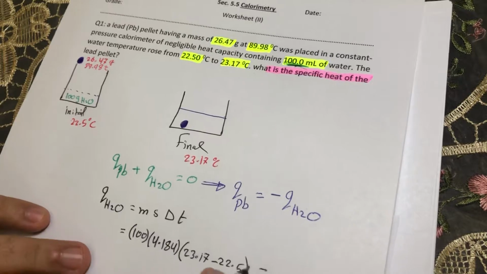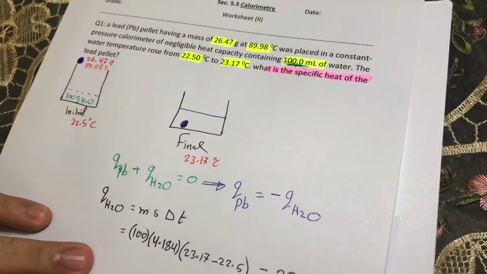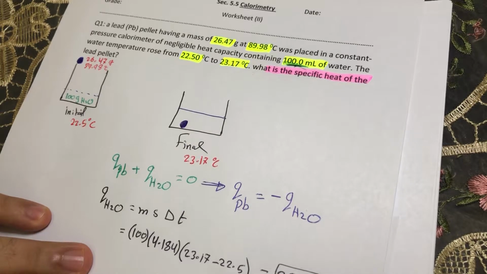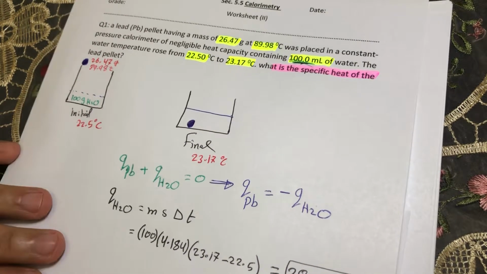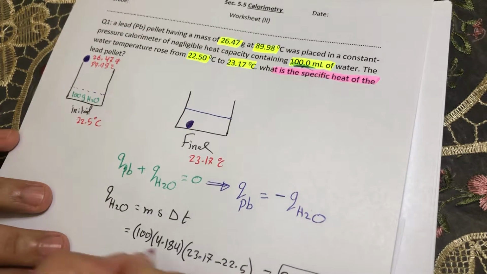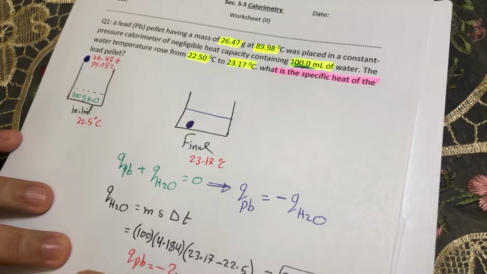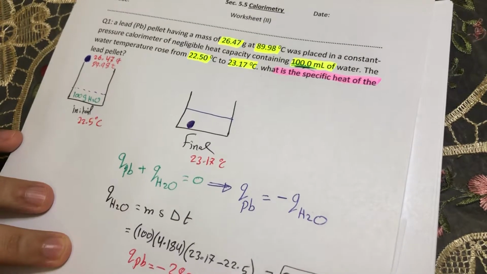This equals 280.3 joule. Then the Q of Pb equals minus 280.3 joule.